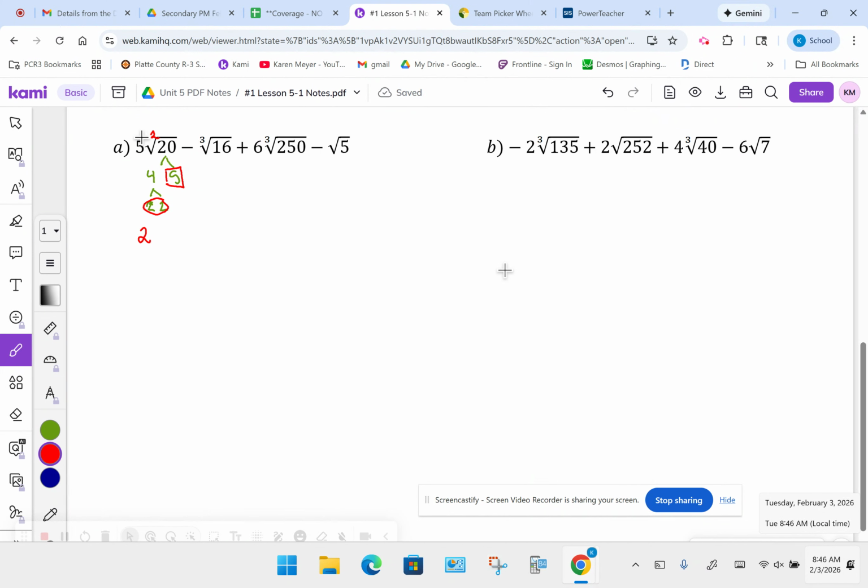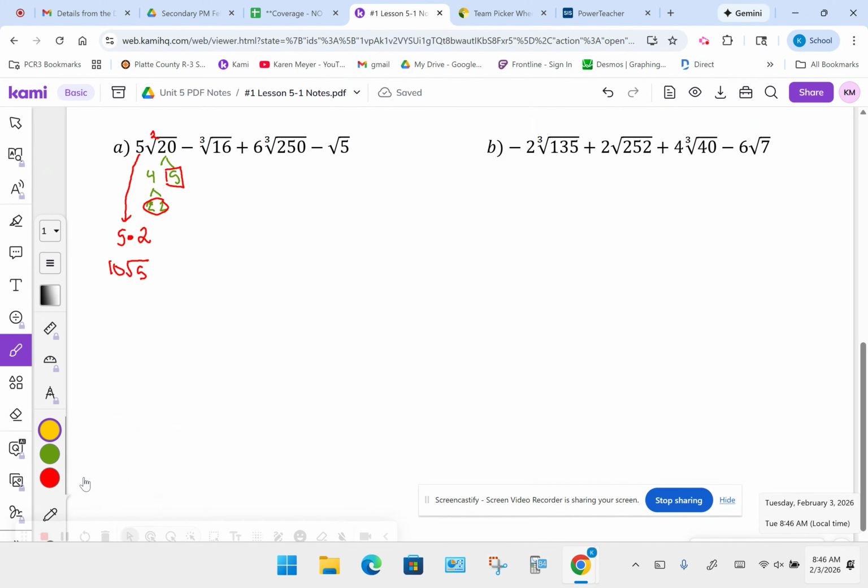But what number is already on the outside of this square root? That number is a 5. So I'm going to bring the 5 down, and I'm going to do 5 times the 2 I put on the outside, which makes 10 square root of my single number, which is 5.